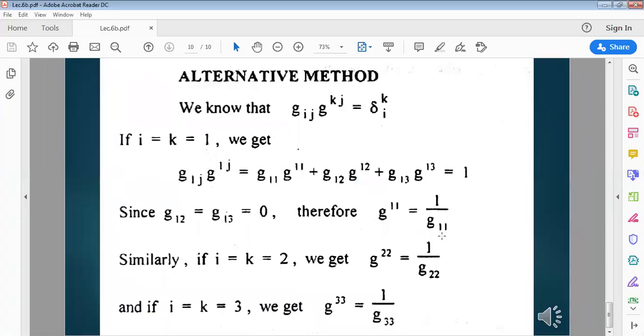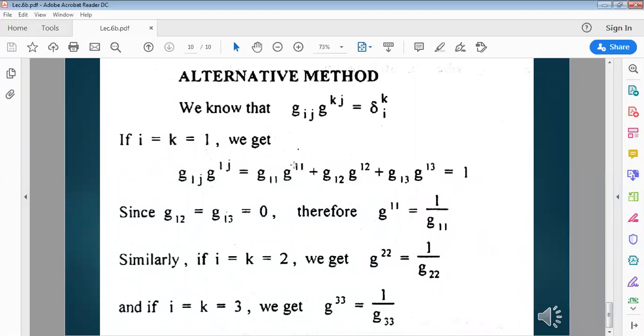And the alternative method is: we know that Gij and Gkj in contravariant form is equal to delta ki. If i is equal to k is equal to 1, for example, we get G1j G1j is equal to G11 G11 plus these other terms, which are 0 because it is a diagonal matrix.